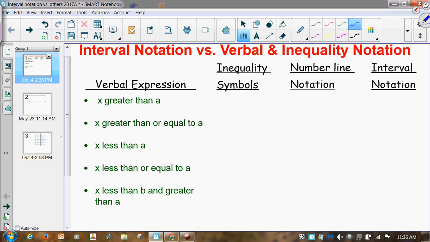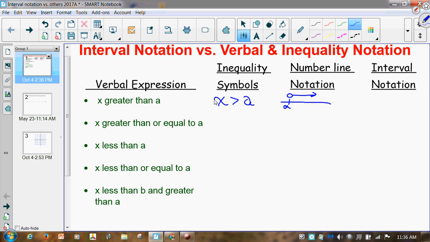So we would say x is greater than a, right? If we had a number line, the number line notation would be that this point a here, we would draw a circle and go this way, saying that x is greater than a.